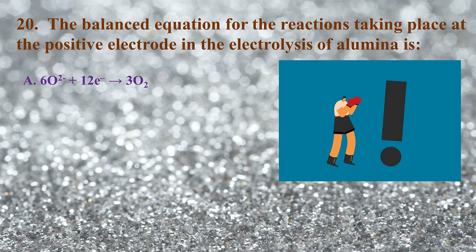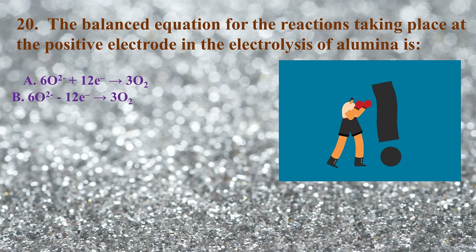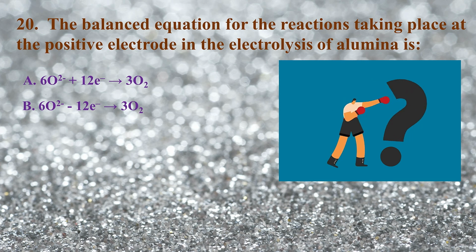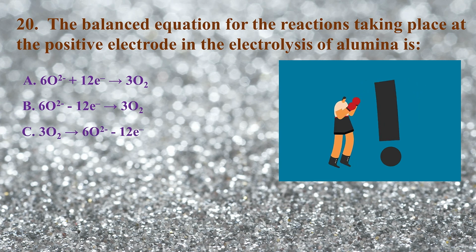Options are: equation A, 6O2- plus 12 electrons forms 3O2. Equation B is 6O2- minus 12 electrons forms 3O2. Option C is 3O2 forms 6O2- minus 12 electrons.